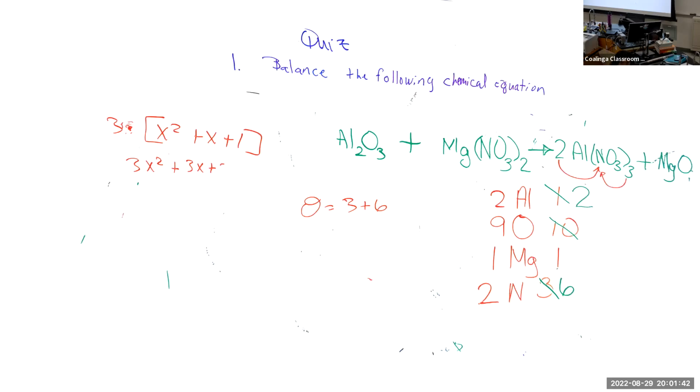Because it's all 1, right? And how many oxygens? 19. So we have, okay, 3 times 3, which is 9, times 2, which is 18 plus 1.